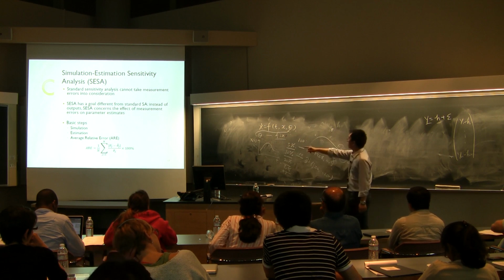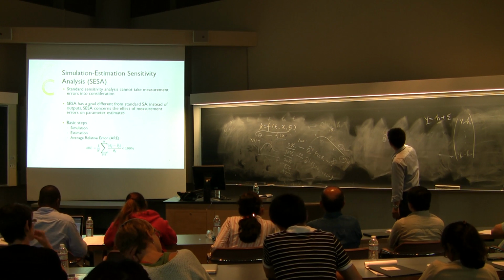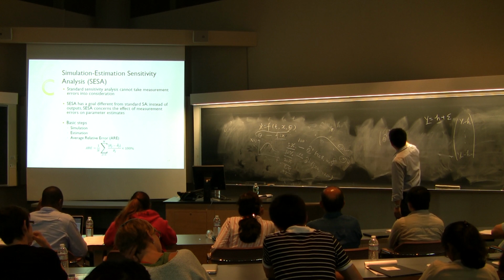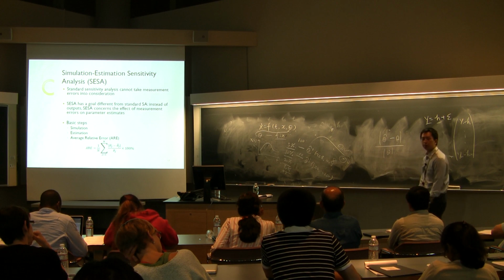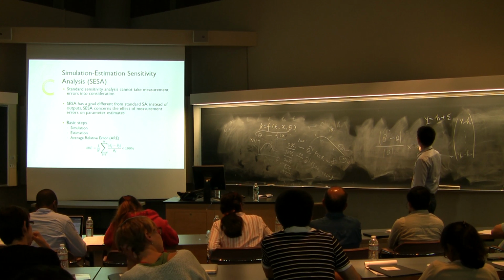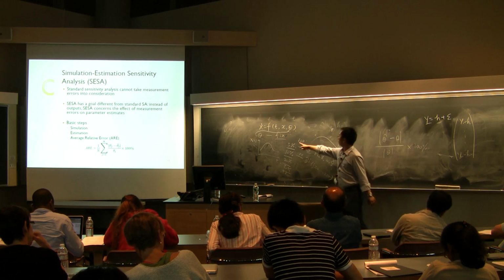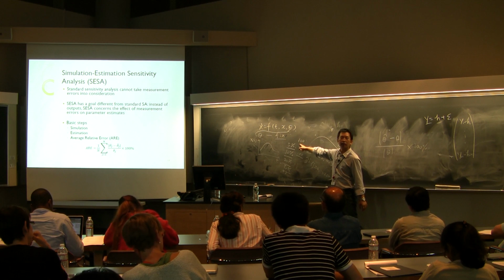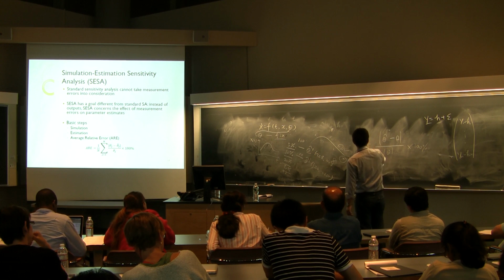So after I get my estimate, I calculate the relative difference between the true parameter value and my estimate, and multiply by 100%. Since we have 100 data sets, we get 100 estimates. Then we average them.